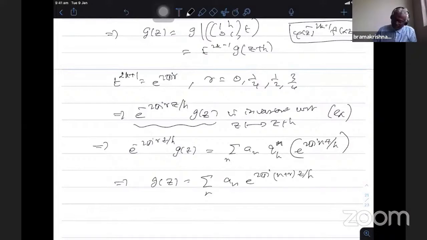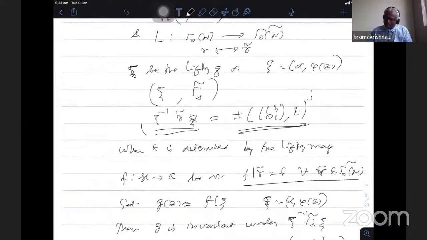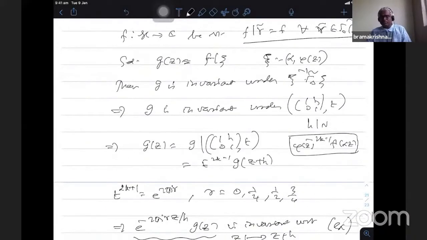Okay, so we say that f is meromorphic. I have started with a function which is invariant with respect to the gamma 0 n action. For those functions, I am defining the modular form that needs a meromorphic condition of f at the cusp. That's what I am doing.